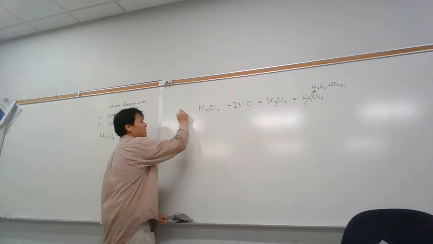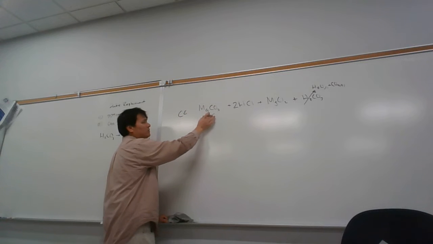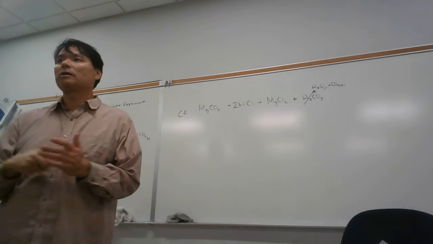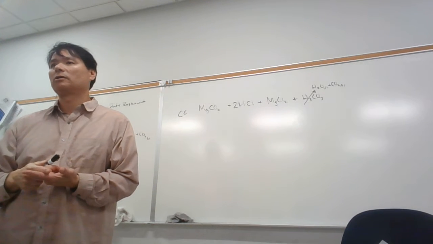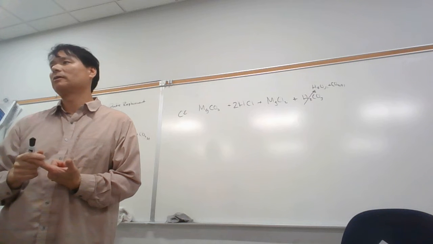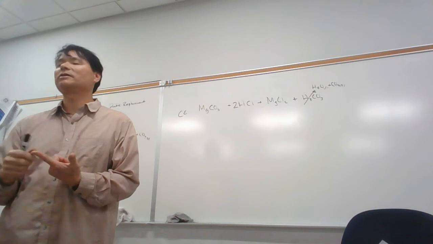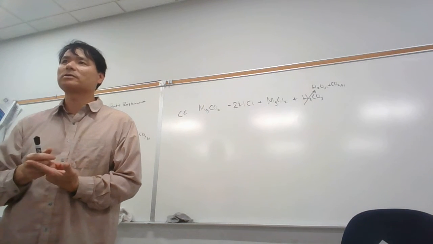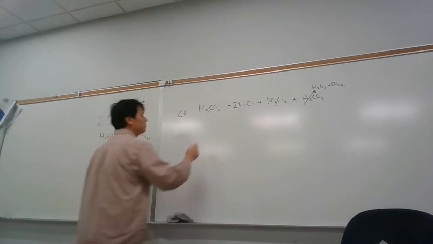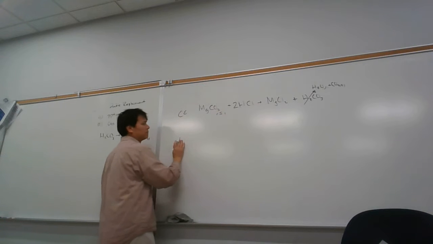This would be the example of the CE. Magnesium carbonate: carbonates, phosphates, and chromates are all insoluble except for group 1 and ammonium. So this is actually insoluble.